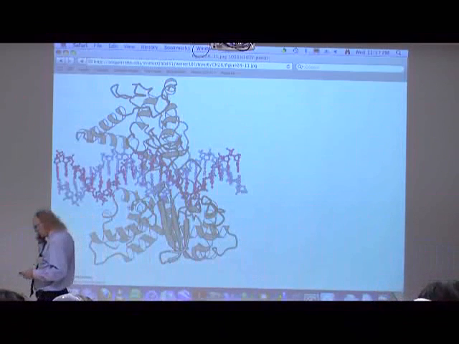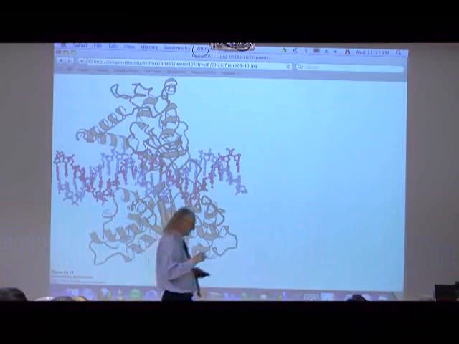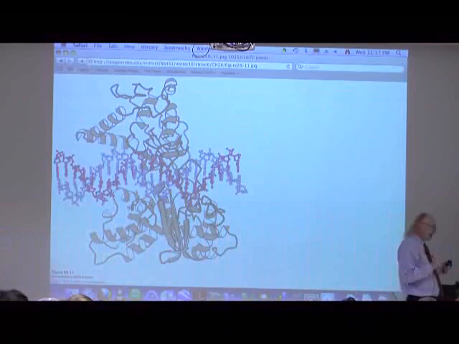Now, topoisomerases are grouped into two specific categories. They're referred to as either type 1 topoisomerases or type 2 topoisomerases. The type 1 topoisomerases work by cleaving a single strand.